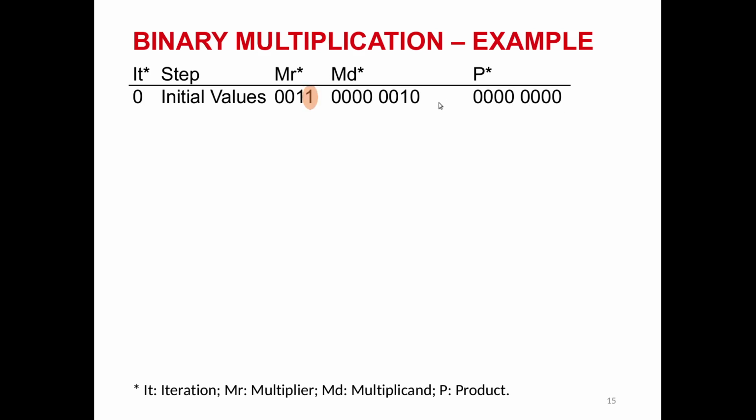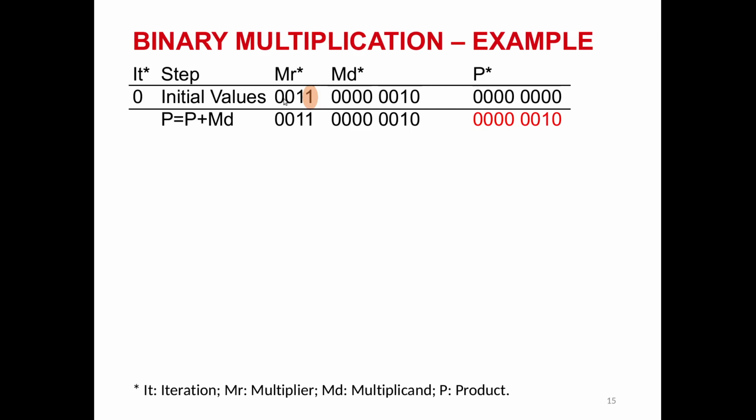At first, we check the bit 0, the most right bit, the least significant bit of the multiplier, and the value is 1. So we know that we will need to add the multiplicand together with the product to have the new product value.